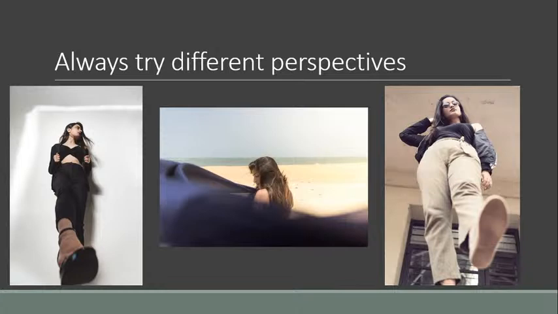If it's a walking action, you can go for a lower angle shot to give that depth and a much more three-dimensional effect. Or you can use the outfit of the model, such as the sari, in the foreground, which gives a different effect altogether. So that's up to you and your creativeness, how you utilize your props and your surroundings to get the picture.